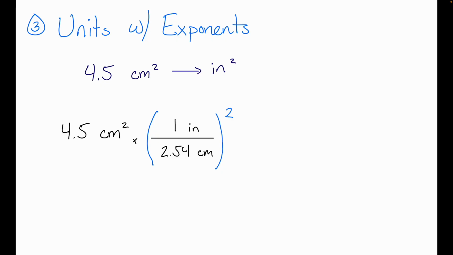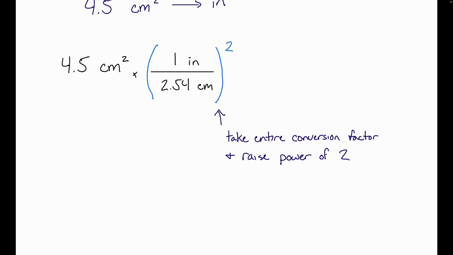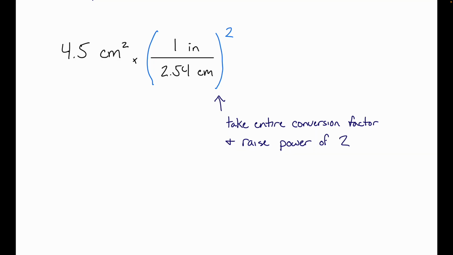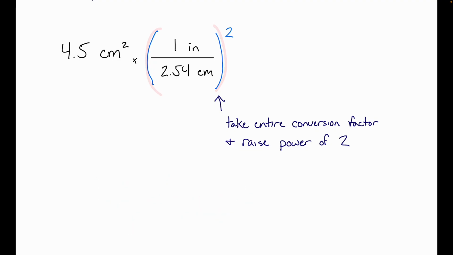So we're going to take that entire conversion factor and raise it to the power of 2. Okay, which means that when I punch this into my calculator, I'm going to need to punch in 4.5 divided by 2.54 squared, right? I got to square everything inside those parentheses there.